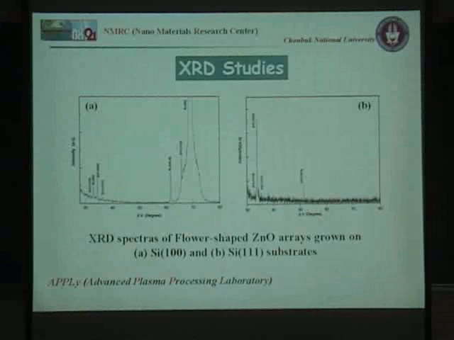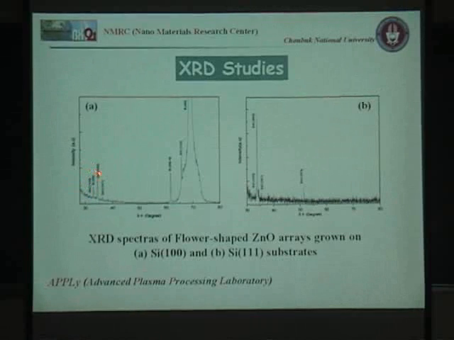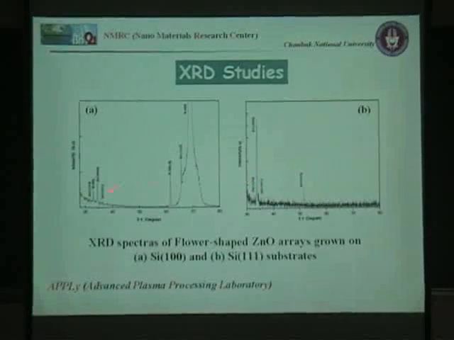The crystallinity of our structures was observed using XRD studies. From both spectra we can see the characteristic zinc oxide hexagonal wurtzite structure, with the zinc oxide 0002 peak larger in intensity as compared to the other peaks like zinc oxide 1011 and zinc oxide 1010.